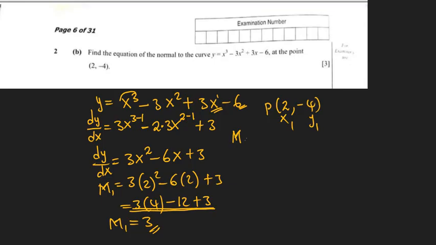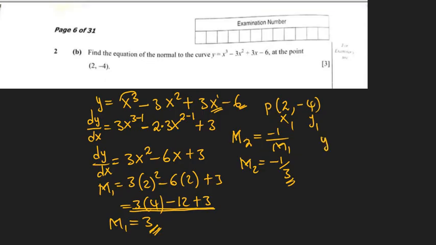So you get gradient 2 is equal to the same thing I taught you, negative 1 over gradient 1. If they asked you to find the equation of the tangent, just go directly by using this gradient. But since it's equation of the normal, find gradient 2. So gradient 2 will be negative 1 over 3. Remember what I taught in paper 1.